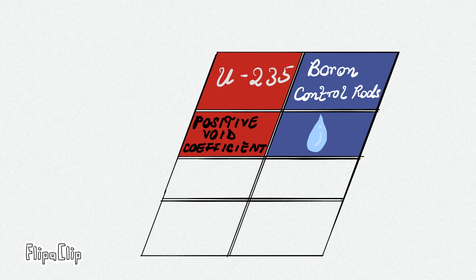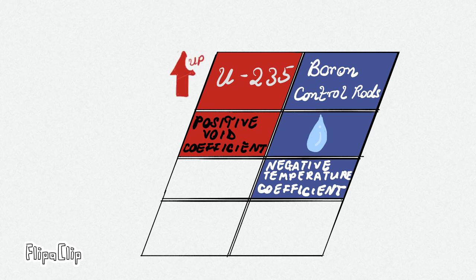This endless cycle is resolved by the negative temperature coefficient. When nuclear fuel gets hotter, it becomes less reactive. So in summary, fuel increases reactivity, control rods and water reduce it, steam increases it, the temperature rise reduces it.